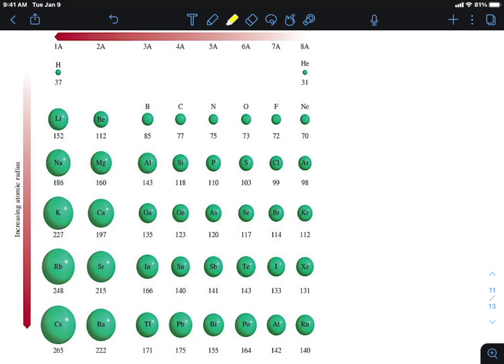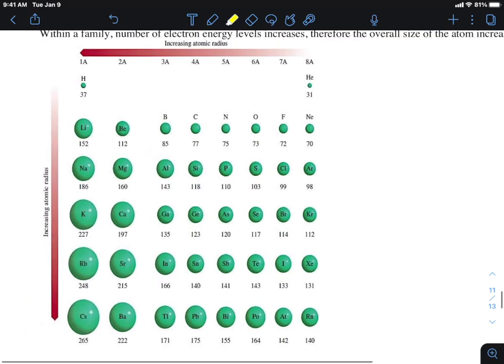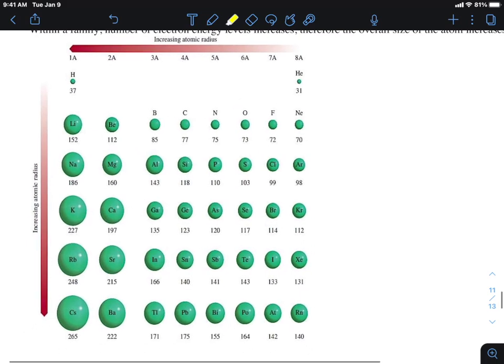So this is a table of their atomic radius. What we should notice is from left to right in a period, and this is the second period, what is happening? Emma, what's happening to the radius from left to right? It's getting smaller. All right, so it's getting smaller.